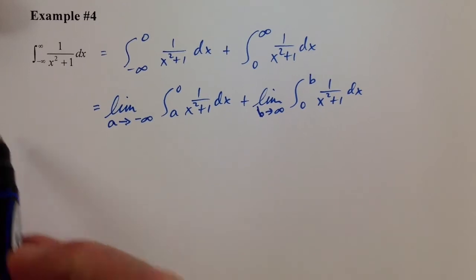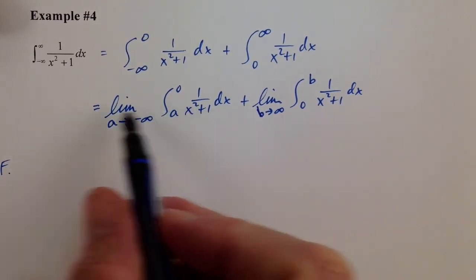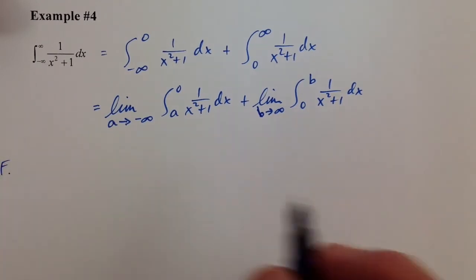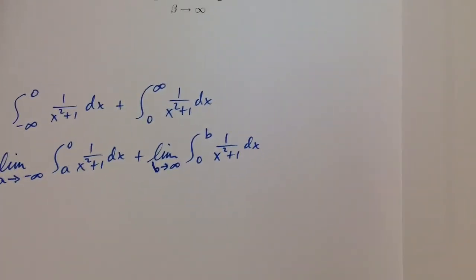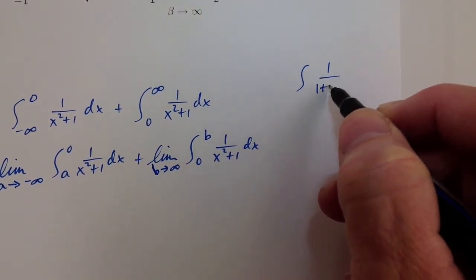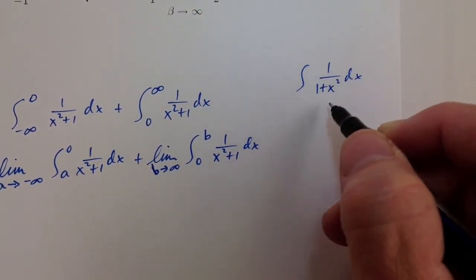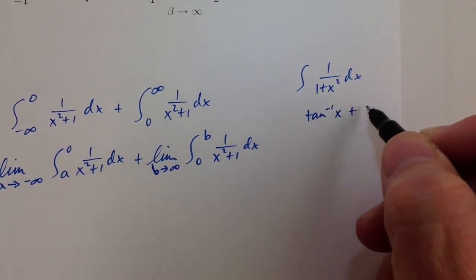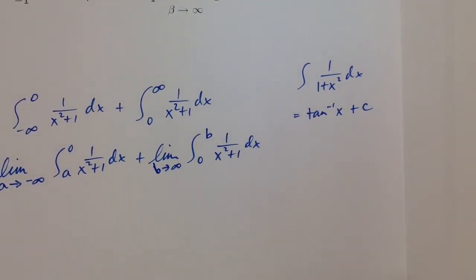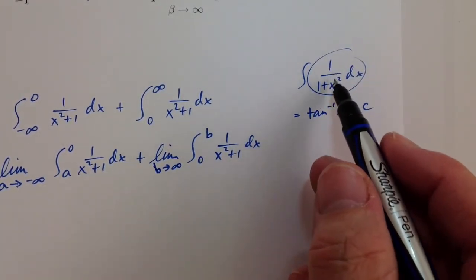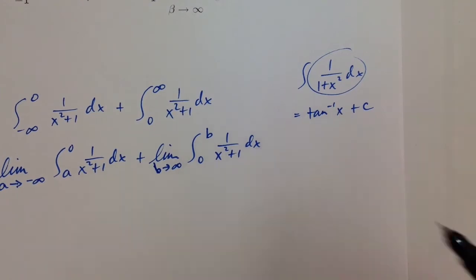One of those, and the first one we come to, we should recognize right away if we write it off to the side here. The integral of 1 over 1 plus x squared dx is inverse tangent of x plus c. So the antiderivative of 1 over 1 plus x squared is inverse tangent of x.